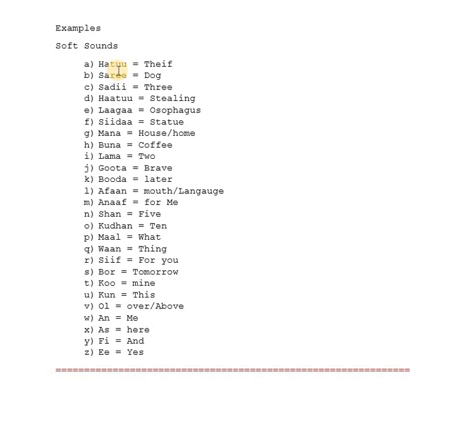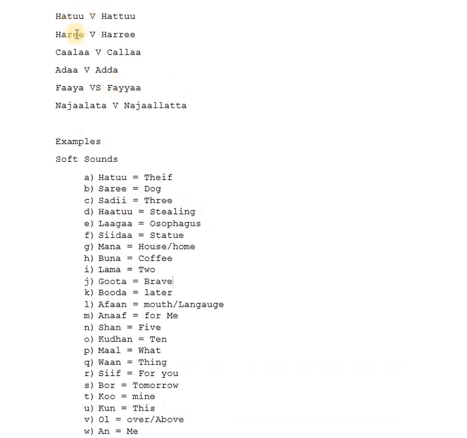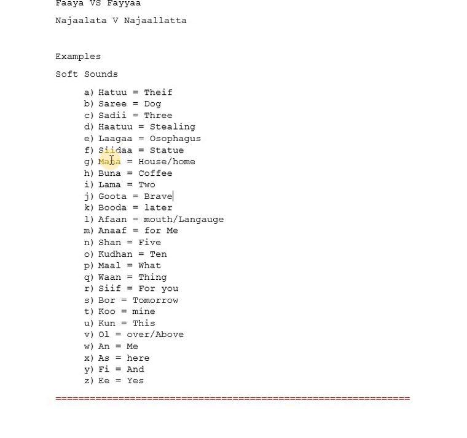All are soft, we just say them smoothly, like in the examples above. Hare, hare. There is no strong word like hare in all these. They are all soft sounds.